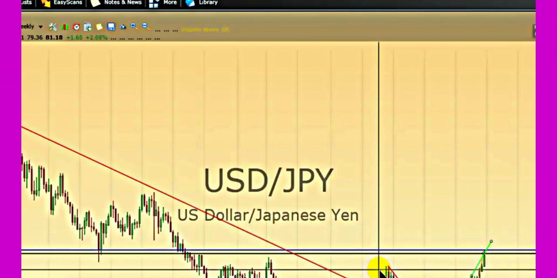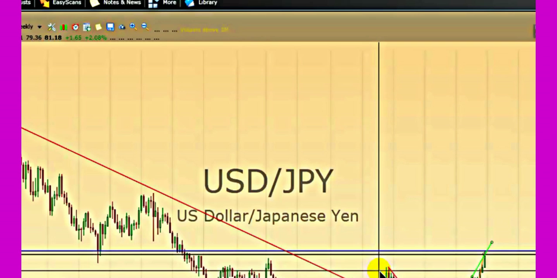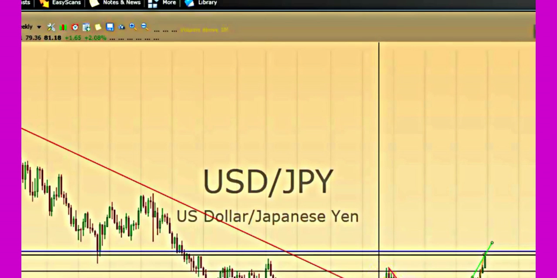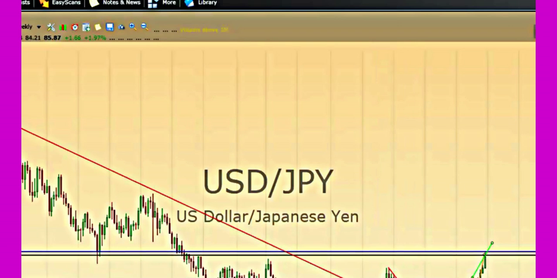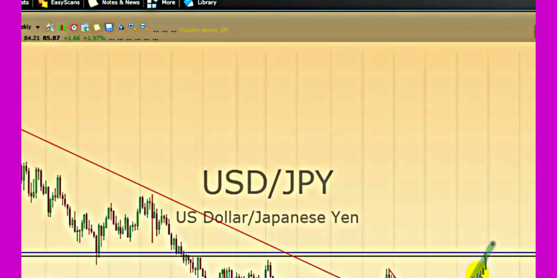And also some resistance has been broken, because the first characteristic of the first wave is to break resistance on the left-hand side. Sometimes we see what we call a complex first wave, which means if you have, for instance, too many resistances on your left-hand side, the first wave may have difficulty coming through like one strong wave up.